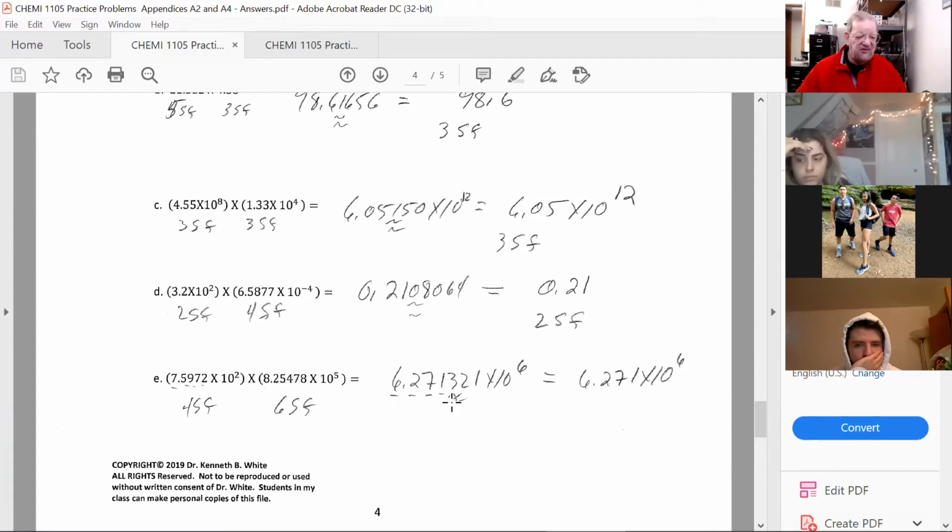The second one has 6, so my number of significant figures should be 5. And if I take 6.2713 times 10 to the 6th, how do you round that off to 5 significant figures? I'll let you try that first.